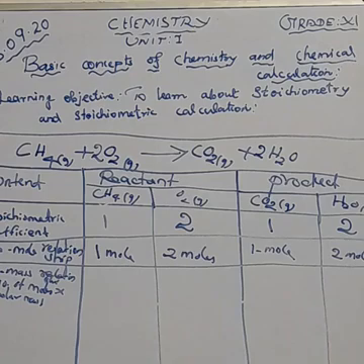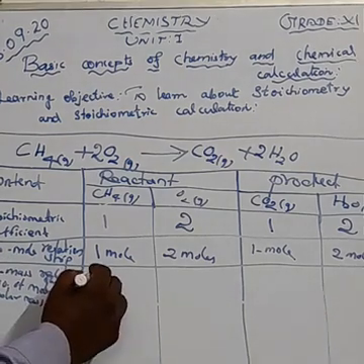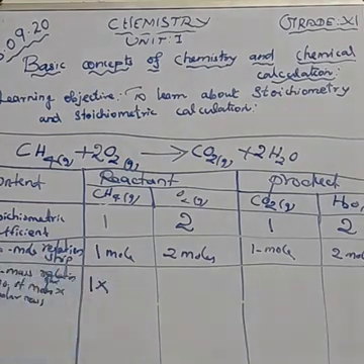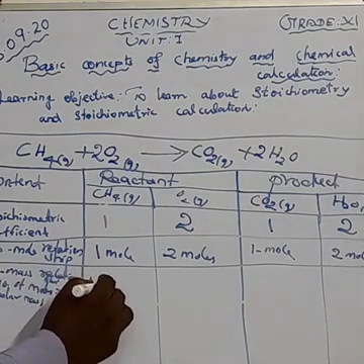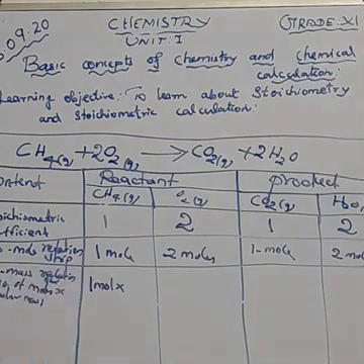That means here, the number of moles for methane is 1. So 1 mole into the molar mass. What is the molar mass of methane?